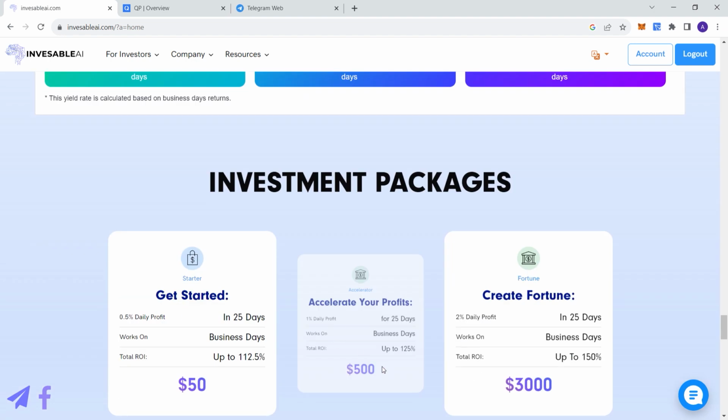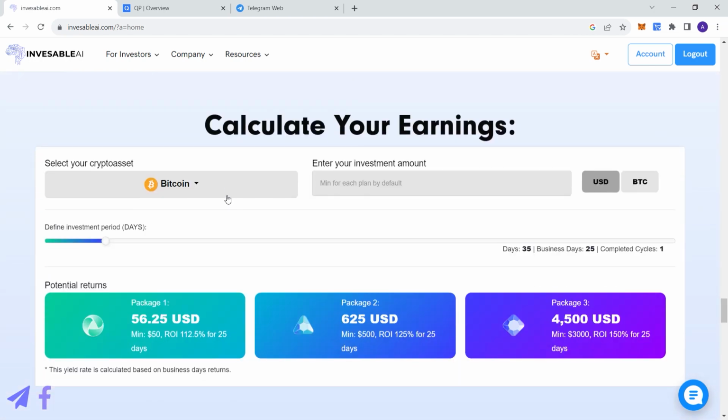The next one, the minimum is $500 to go into this one. And the third one, the minimum is $3,000. With this one right here, you get 25% in 5 weeks. And with this one, you get 50% in 5 weeks, aka 25 business days. So that is what that looks like.